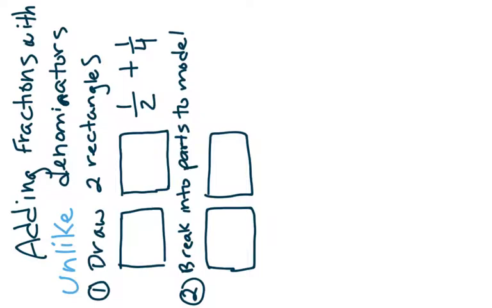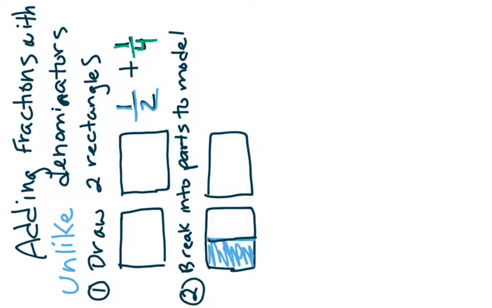So first, I'm actually going to change this color to that color and 1/4 to green so that it makes a little more sense. Okay, so I'm going to draw 1/2 in this rectangle. And I'm going to draw 1/4 in this rectangle.